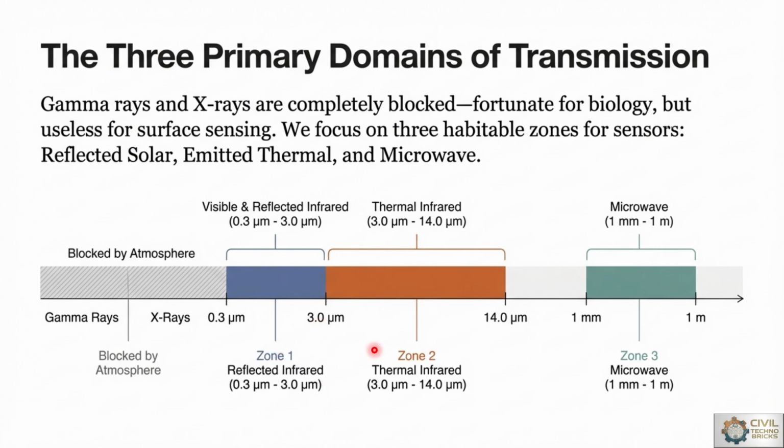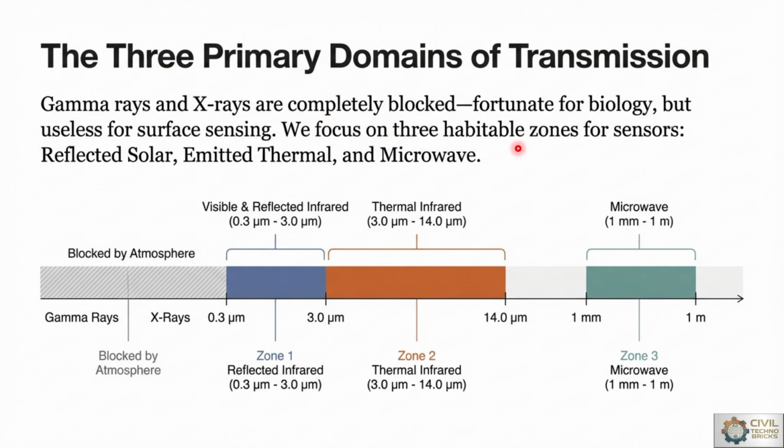With reference to zones 1, 2, 3, we see that gamma rays and X-rays are completely blocked. Fortunate for biology but useless for surface sensing. So gamma rays and X-rays are not feasible for taking data for surface sensing, but we can use them for biological purposes, like taking X-rays.